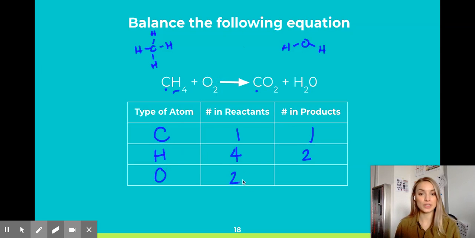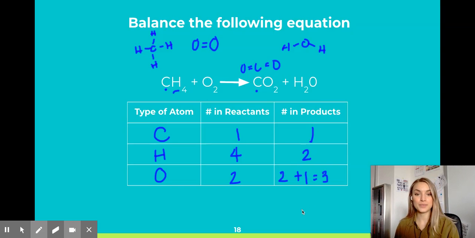So there's 2 in our reactants, and O2 is, remember, a diatomic, bonded to another of itself. And then if we look over here in our product side, we've got CO2, which is oxygen bonded to a carbon, bonded to another oxygen. So there's 2. And then we've got 1 in our H2O. So we've got 3 in total in our products.